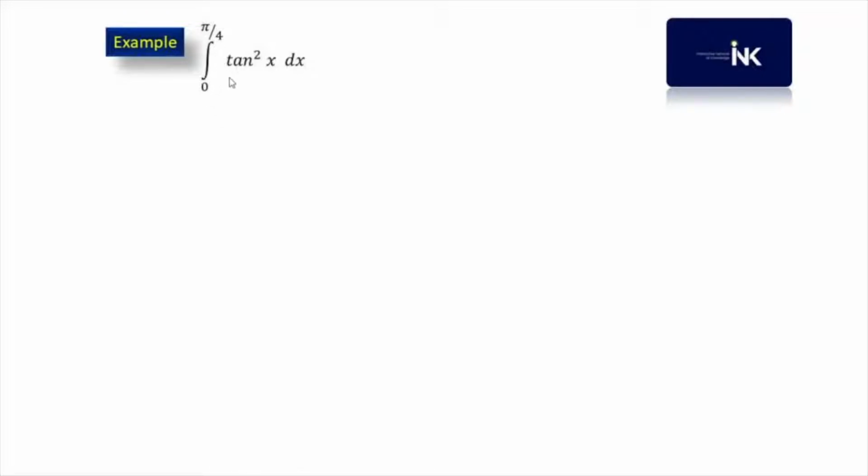Integral 0 to pi by 4 tan square x dx. How to find the area bounded by this tan square x function under 0 to pi by 4? So instead of tan square x, we can write tan square x is equal to secant square x minus 1, because we know that tan square x is secant square x minus 1.